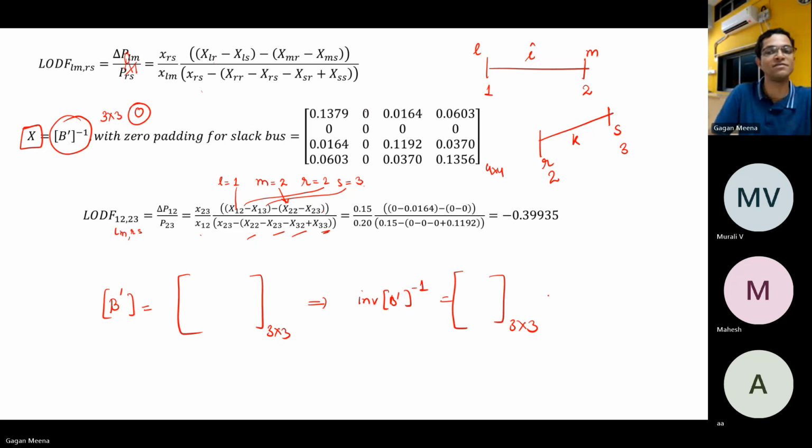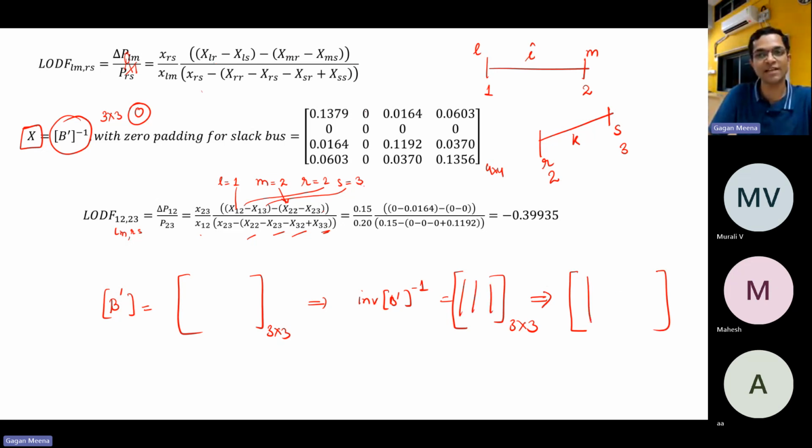Now X matrix is not this. X matrix is this B inverse plus zeros. This is a 3 cross 3 matrix, but X is a 4 cross 4 matrix, where the second row and second column are replaced by 0, zeros are added in this matrix.